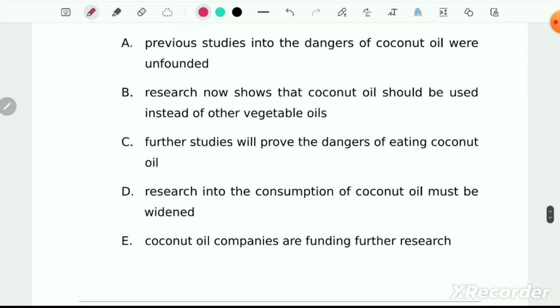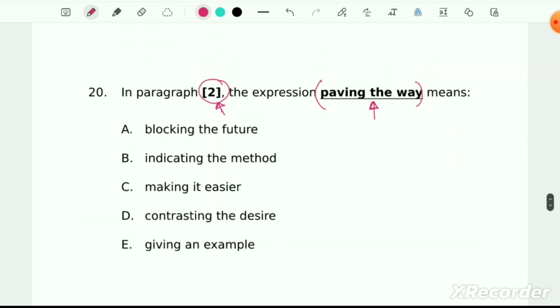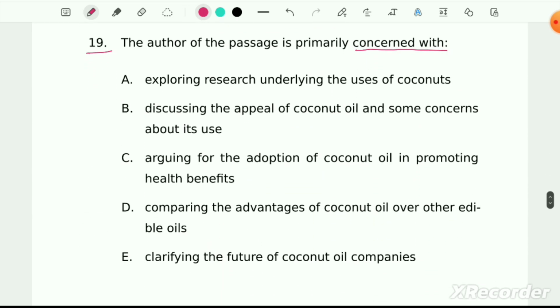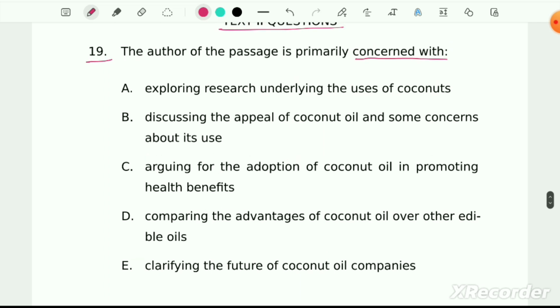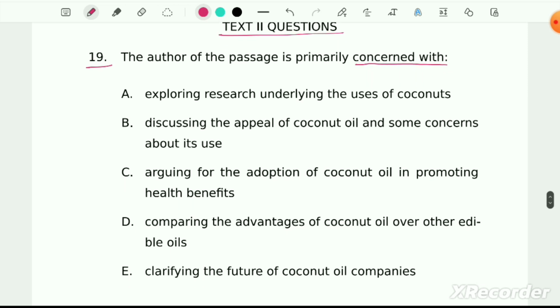Okay, let's go first. This is our first question. Let's read it well, and I think you have a mindset right now that this particular question comes from the first paragraph. We have 4 paragraphs.